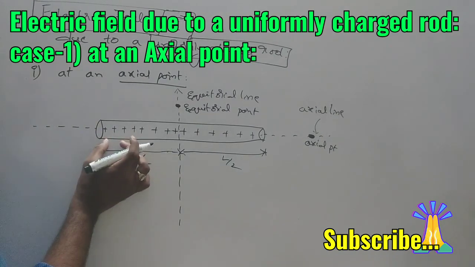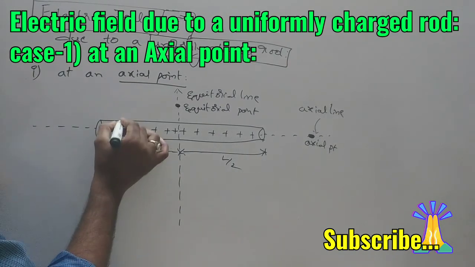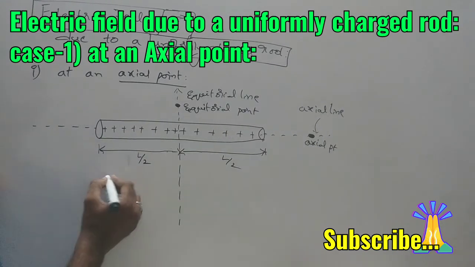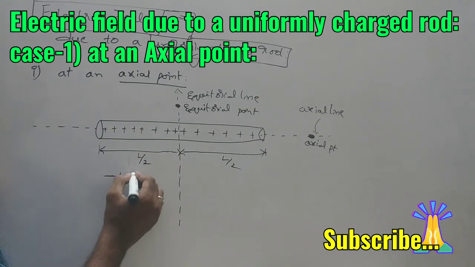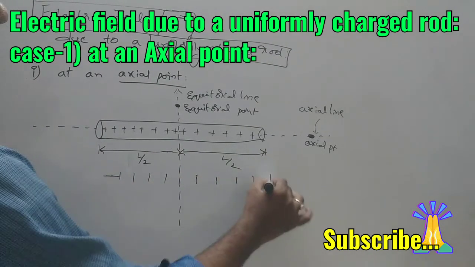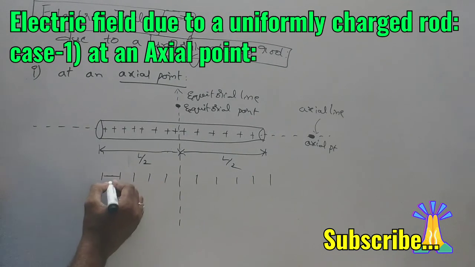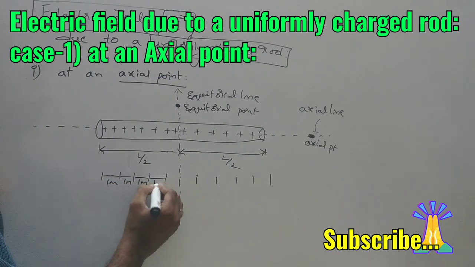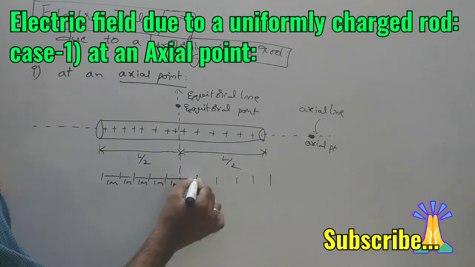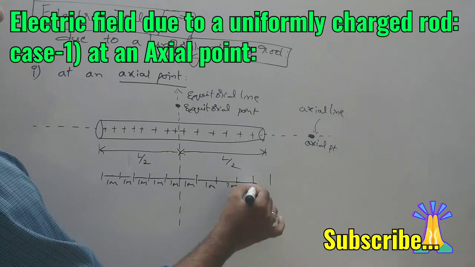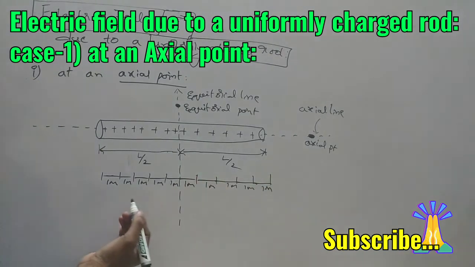If I divide this into 1 meter lengths, this is 5 meter and this is 5 meter, so for every 1 meter, charge is distributed uniformly.